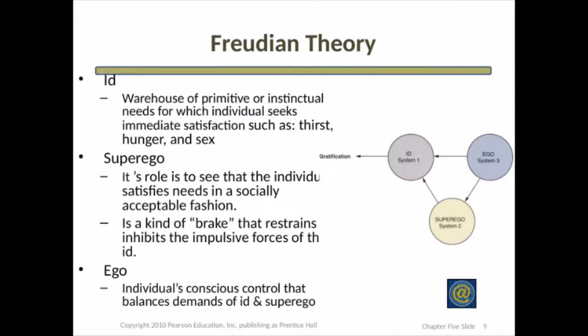The conscious is the system that attempts to balance both the ID and the super ego. So it functions like an internal monitor that balances the impulsive demands of the ID and the social and cultural constraints of the super ego. Okay.